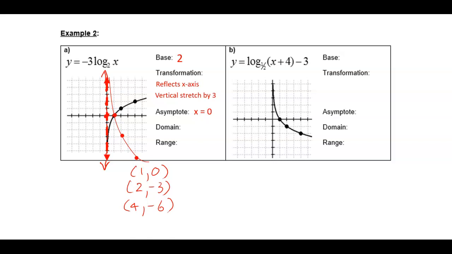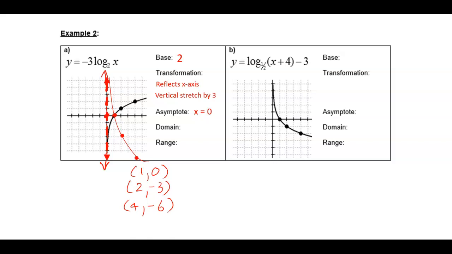Now you tell me, how far to the left is this graph going? We just drew this line that it can't cross, right? So it's not going to the left forever. It's stopping at what number? 0, right? You get so close to 0, okay? Uncomfortably close, but it's not touching 0, okay?